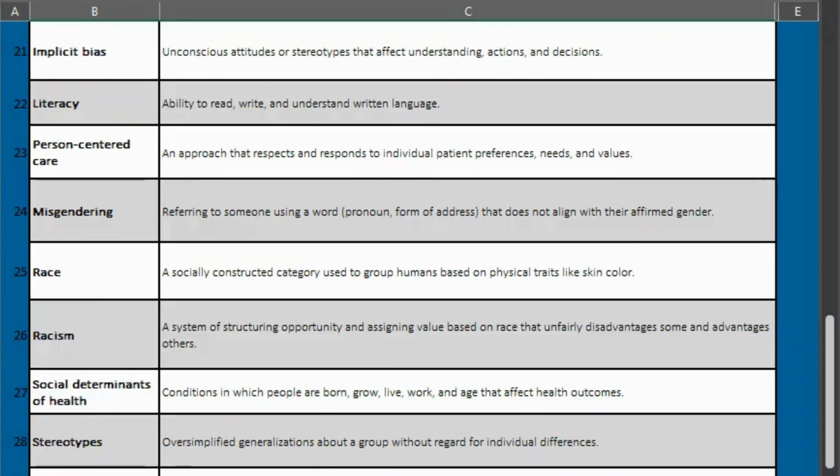Next, stigmatizing is labeling or treating someone as socially unacceptable because of a trait or condition, meaning disclosing a patient's HIV status loudly in the hallway is stigmatizing.